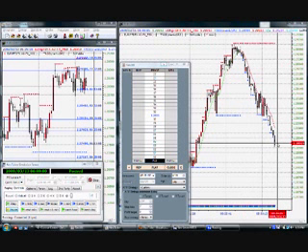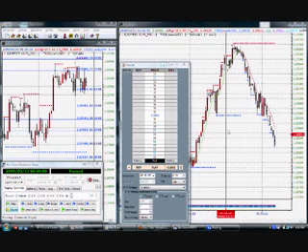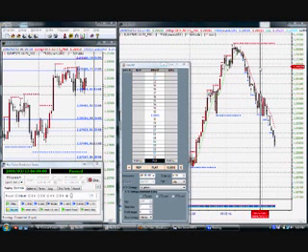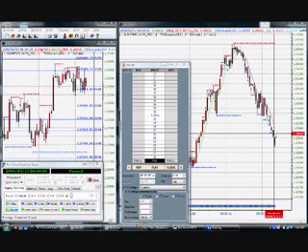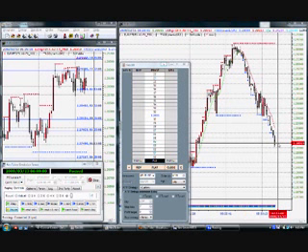So this is a completely different setup that I look for in situations where we have failed to make higher highs in trend and we've not had any significant reactions for a while. So just bear this in mind, that this is a very different setup than the ones that we are typically looking for, which are the higher low, higher high setup, or vice versa for a short.